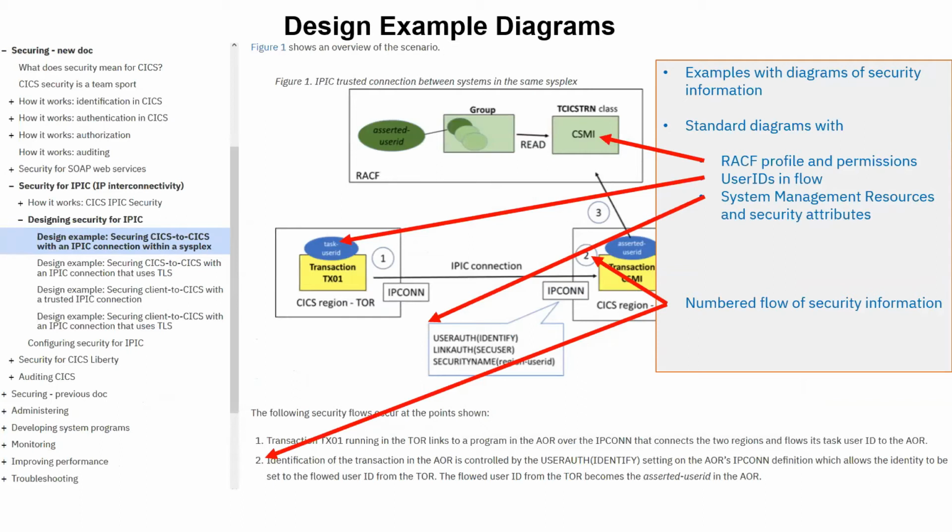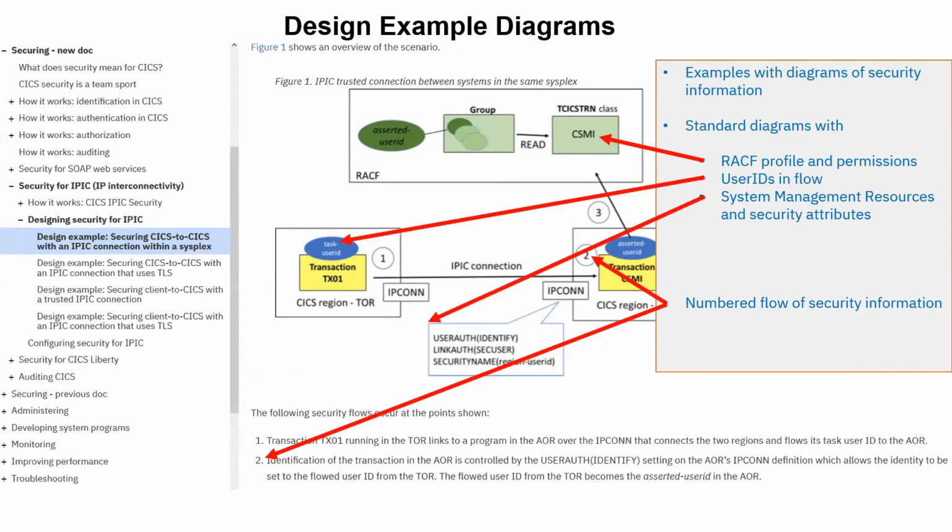So here's an example in a little bit more detail of what one of those design examples will look like. We're trying to get a consistent way of describing all of these. So there'll be eventually a consistent diagram describing various information about a scenario, an example.